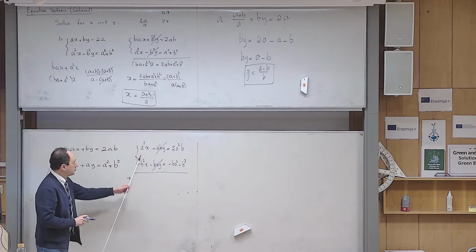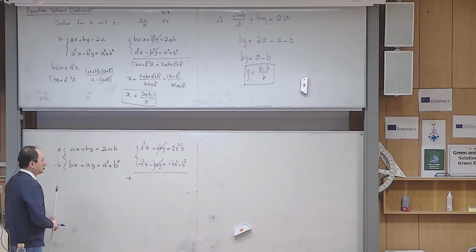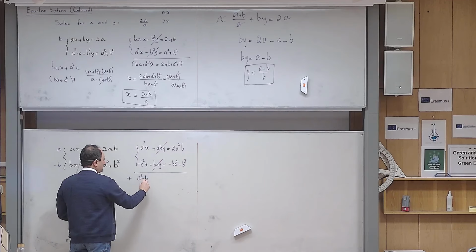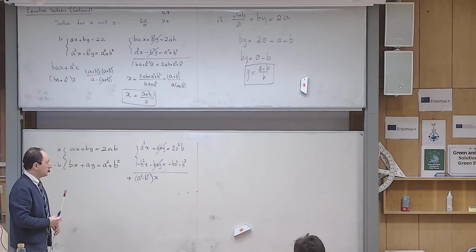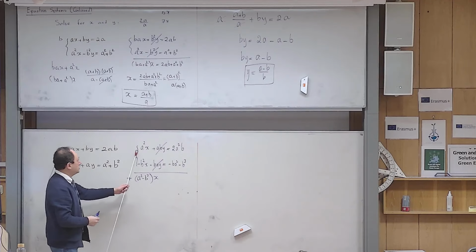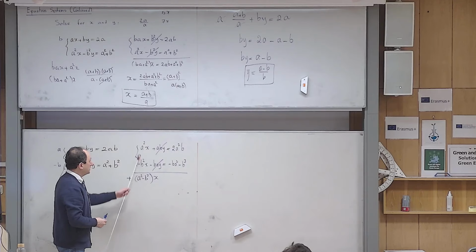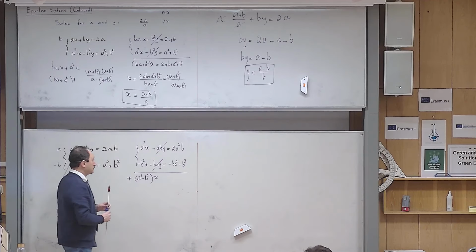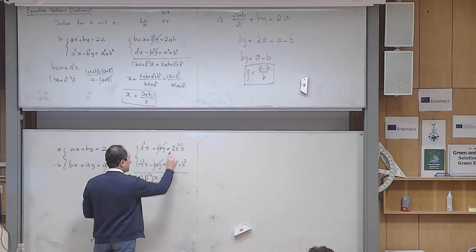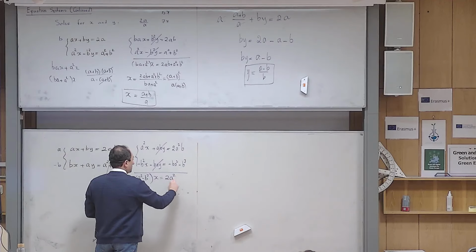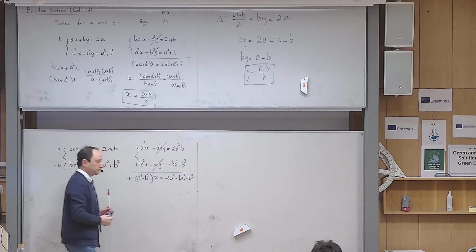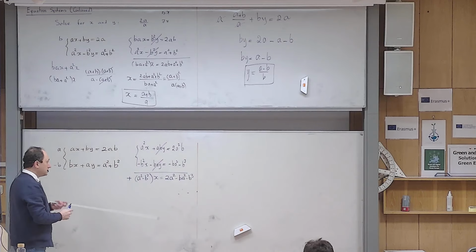But what can I write here? Do you remember? A squared minus b squared, and then multiplied by x. Yes? Because if I knew the numbers, I just simply added them. But here I have parameters, so I have to do it in this way. But what happens on the right-hand side? On the right-hand side, I will have 2a squared b minus ba squared minus b cubed. I made a mistake, there is also a b here: 2a squared b. So I write whatever I have there, and then I divide it by a squared minus b squared. Yes? And at least x is found.